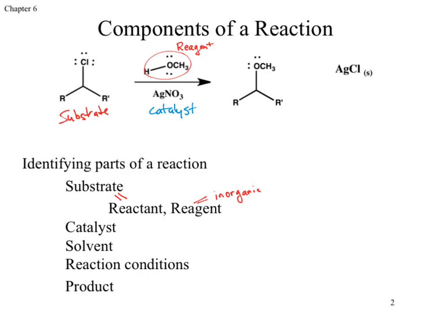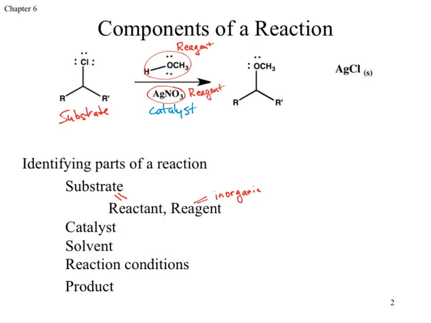Our silver nitrate is an extra reagent that almost acts as a catalyst in this case in terms of helping speed the reaction along for us, but it's not acting strictly as a catalyst. How might we know it's not acting strictly as a catalyst? It changed. The catalyst can neither be consumed nor produced.